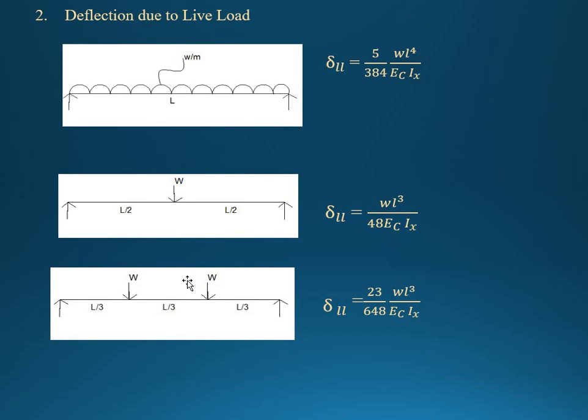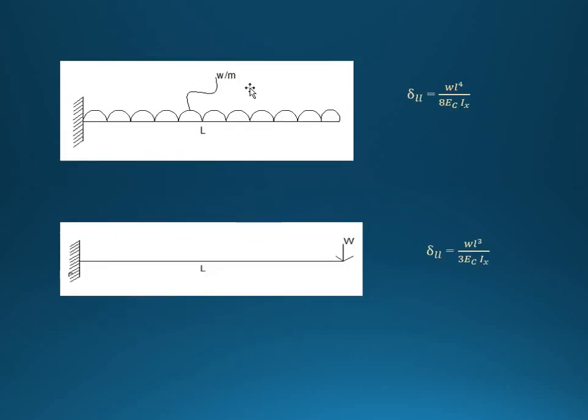The third case, a simply supported beam carrying 2-point loads at a distance of L by 3, L by 3 and L by 3 from the right support. Deflection due to live load is 23 by 648 into WL cube by Young's modulus of concrete into IX.